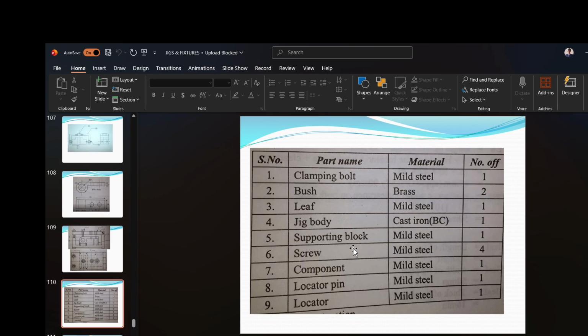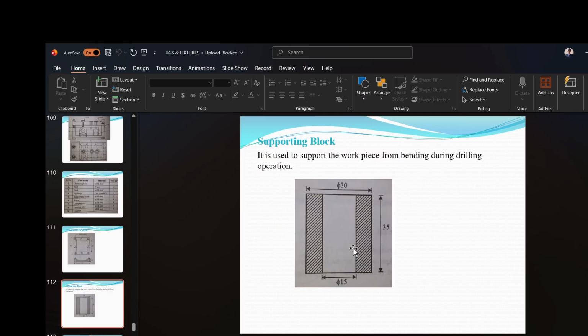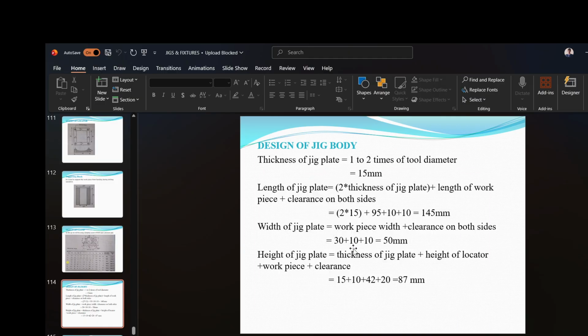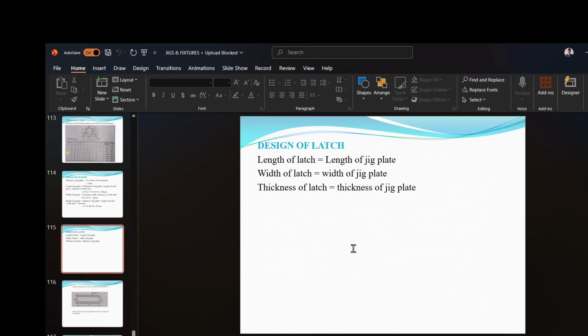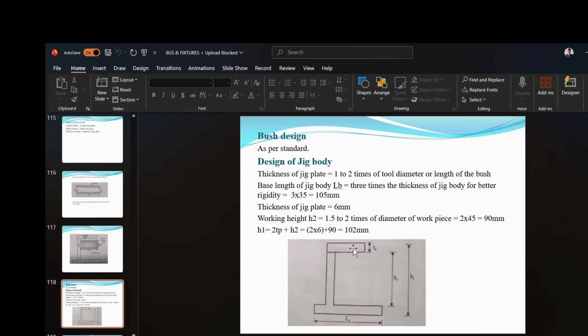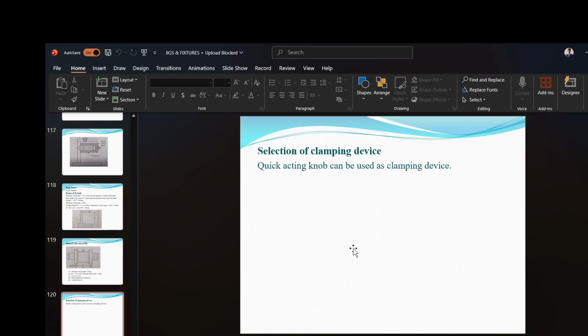Mention the part number, material number, serial number, design of locator, supporting blocks, design of clamp, design of jig body, design of latch, bush design, drill of jig body, design of locator, selection of clamp device.